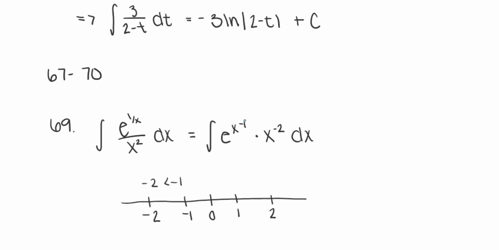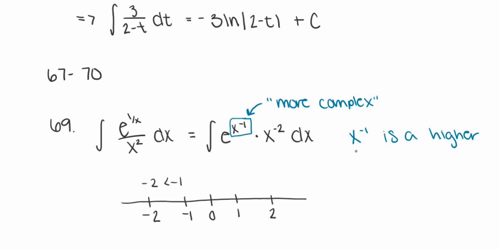So this right here is, if we're keeping it the same kind of concept, our more complex term. X to the negative 1 is a higher degree than x to the negative 2.